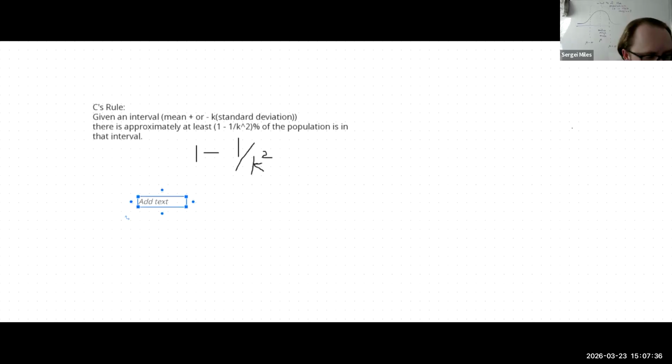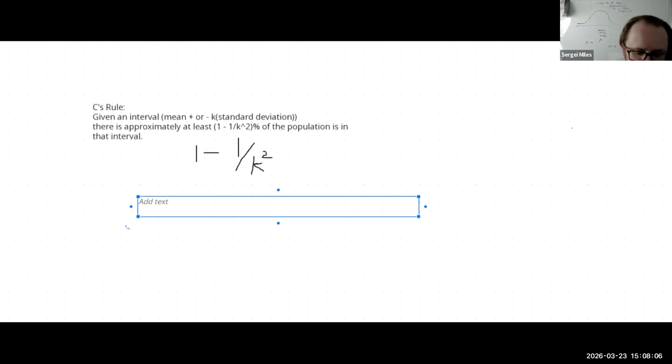When k equals 1, then at least 0% of the population is between whatever the average is minus, and I'll use SD when I'm talking about the standard deviation, as a lower bound for my interval, and then mean, the average, plus the standard deviation.